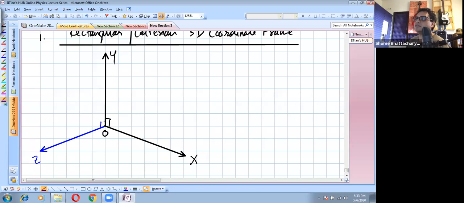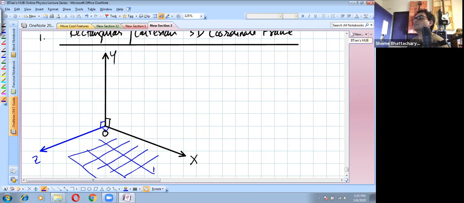Even this angle is 90 and even this angle is 90. In fact, your floor is basically this plane, the exact plane. If you imagine that the origin which I have drawn is the corner of your room where the two walls and the floor meet, that corner point is O. So this is nothing but your floor, which we are taking as the exact plane of your room.